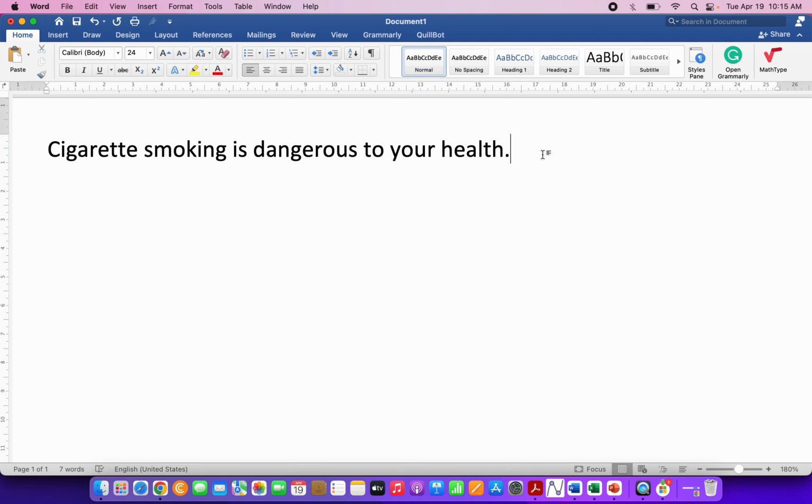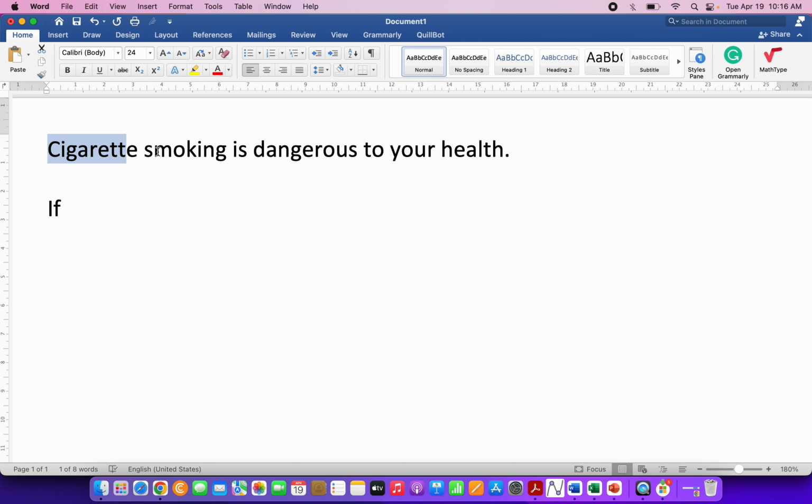Dagdagan nyo lang siya. So, for example, if we're going to write this in if-then form, magiging if, take note when we say cigarette, meaning, who is smoking? Sino yung nagsusmoke dito? Imposible naman na animals, di ba? So, we are talking about a person.